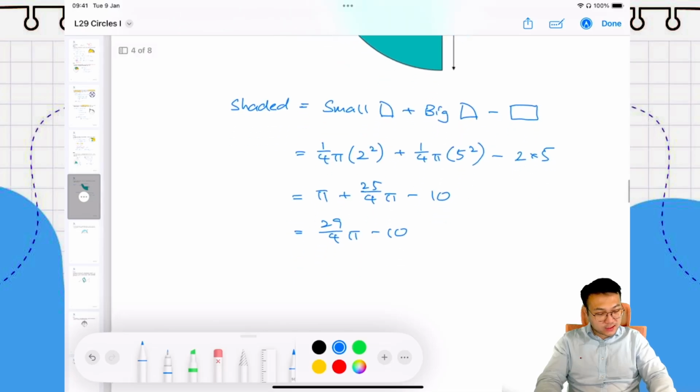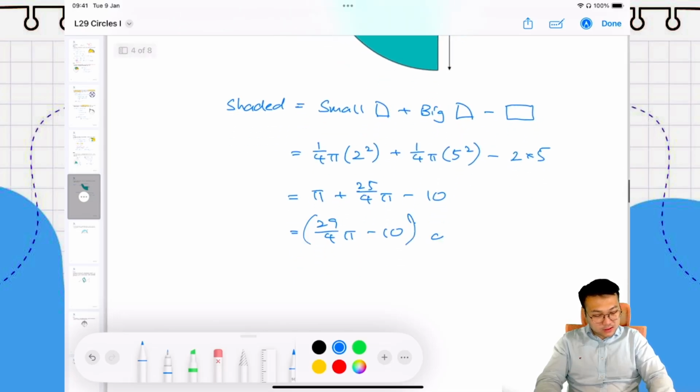If you leave your answer like that, and then you just write cm squared, it's fine. No problem. But if you have a calculator, type it in, because pi is 3.14. So 29 over 4 times 3.14 minus 10, you just type into your calculator, and there you go.